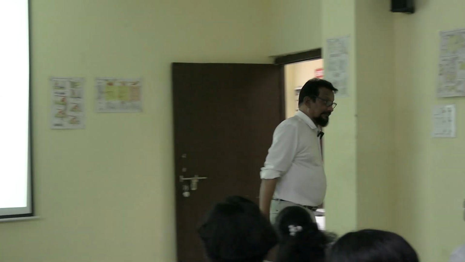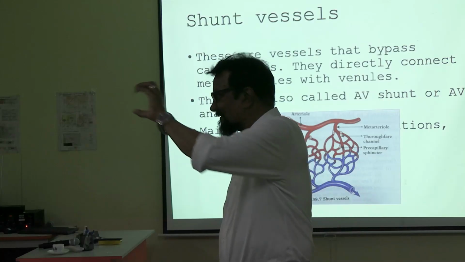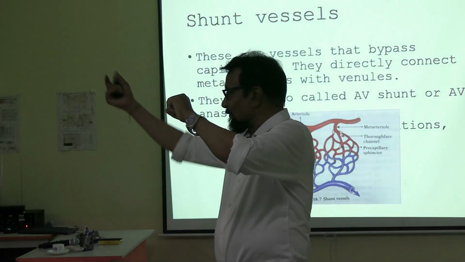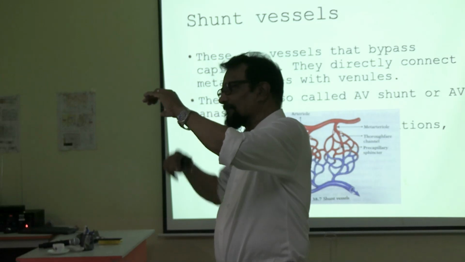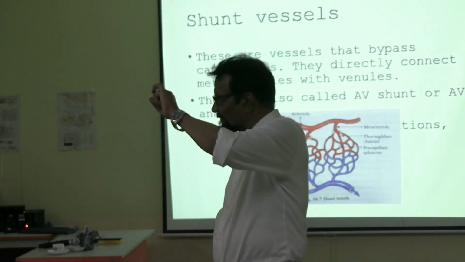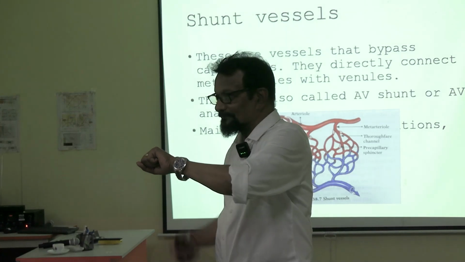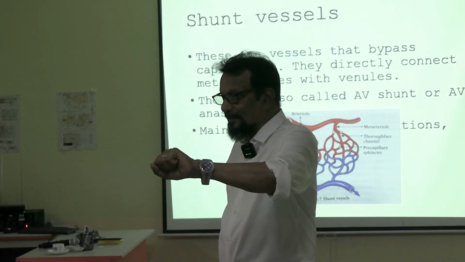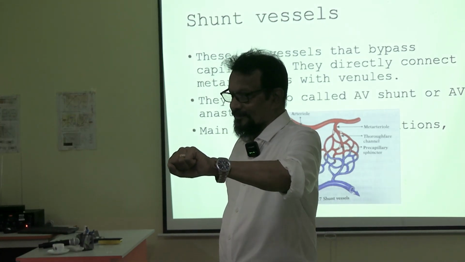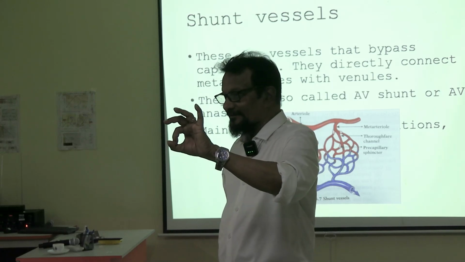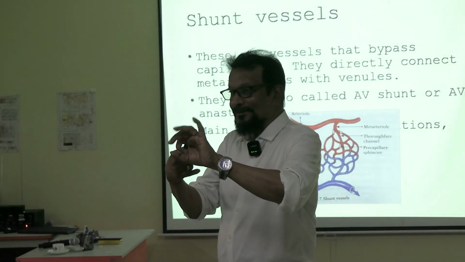You have to remember this thing forever. Sphincter. When they are stimulated, the sphincter is closed, so no blood can pass through it. Capillaries become dormant, no blood is going through. When the sphincters dilate, blood will be passing through this.